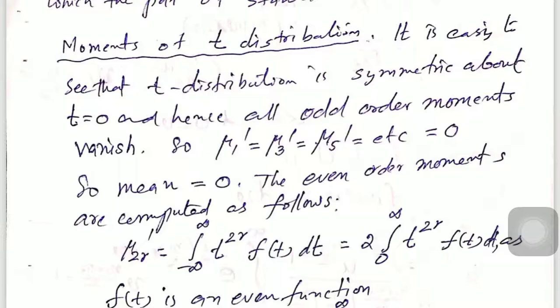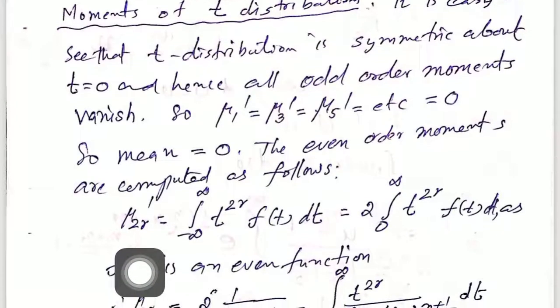All odd order moments vanish, and the even order moments are computed like this. You can take mu 2r dash. Mu 2r dash means it is an even order moment, because when r is equal to 1 you have mu 2 dash, when r equal to 2 you have mu 4 dash, when r is equal to 3 you have mu 6 dash, and so on.